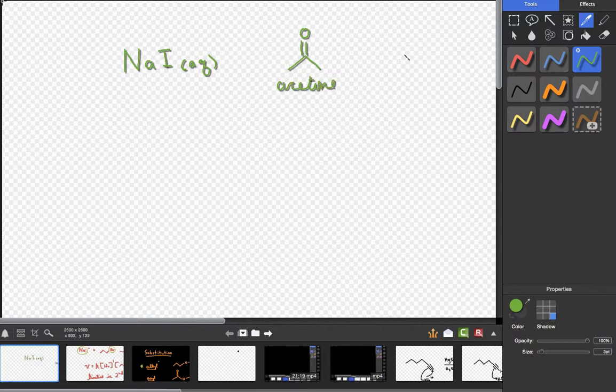I could have something like water. If I have acetone, the carbonyl oxygen is partially negatively charged, and it will begin to sequester the positively charged sodium cations.